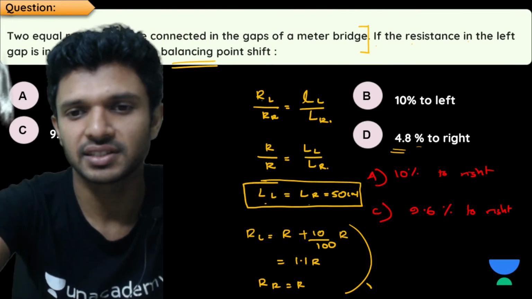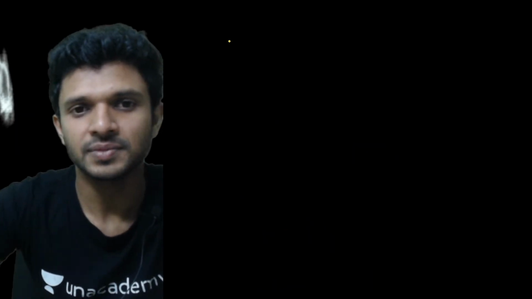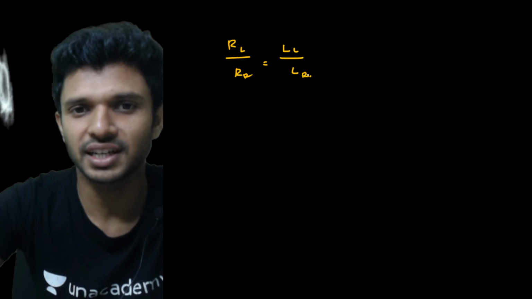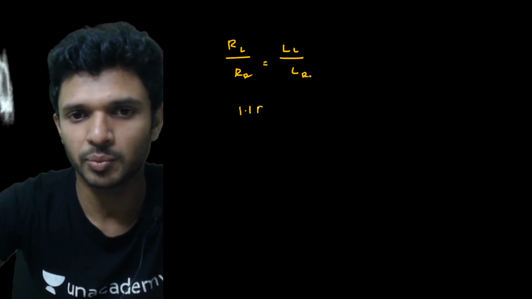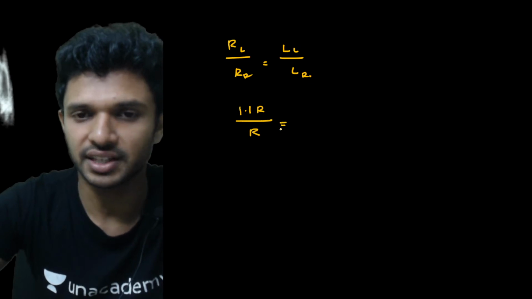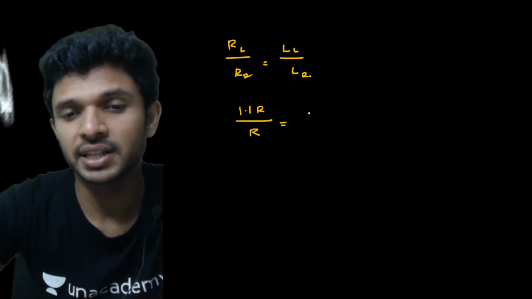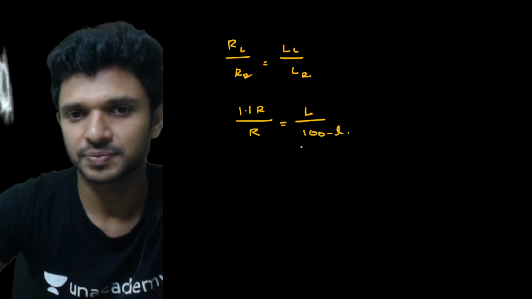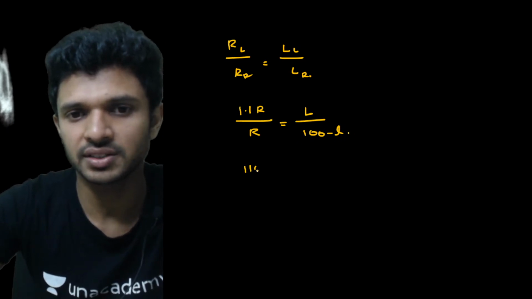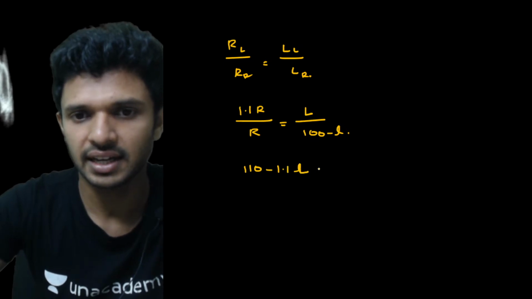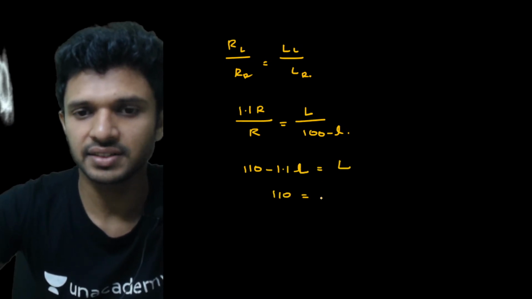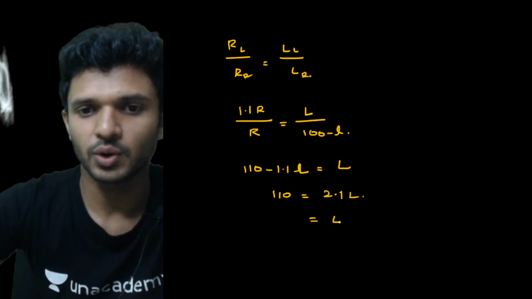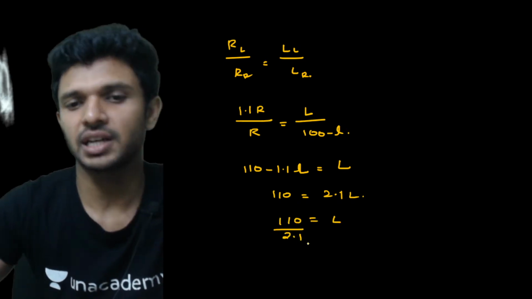Okay, shall we do the mathematics? Resistance on the left to resistance on the right equals length on the left to length on the right. Start substituting. Resistance on the left is 1.1 R divided by resistance on the right, R. Let's say the length on the left is L, so the length on the right is 100 minus L. R cancels. 1.1 into 100 is equal to 110 minus 1.1 L is equal to L. So 110 is equal to 1 plus 1.1, that is 2.1 L. So L is 110 divided by 2.1.